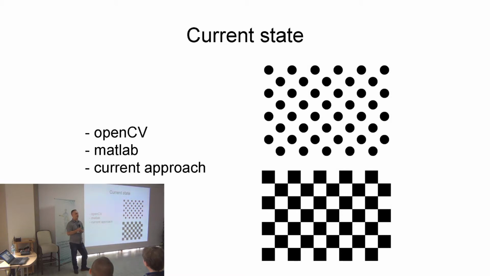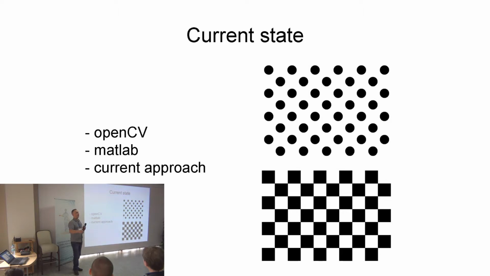Probably most of you are familiar with the common approach in camera calibration. It works simply. We just take photos of planar calibration targets, detect individual features, for example, corners or circles or something other, and then run some bundle adjustment.